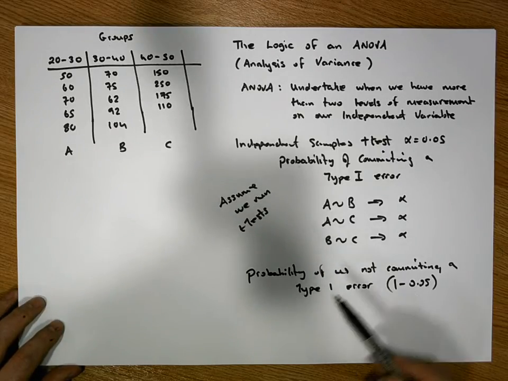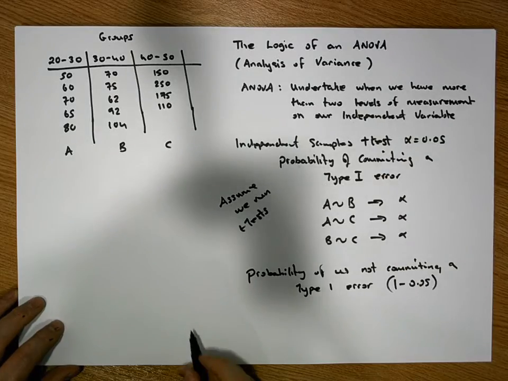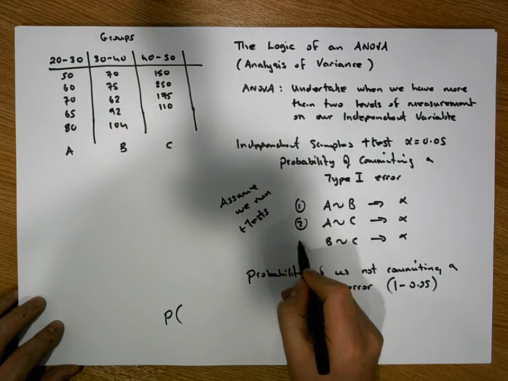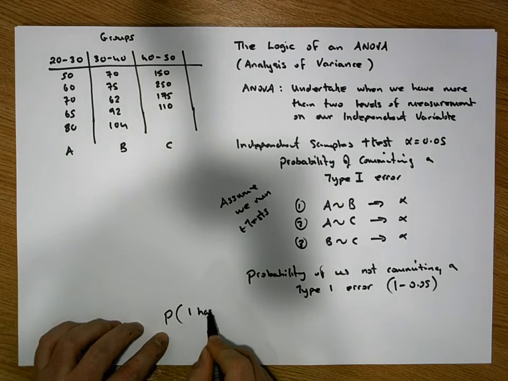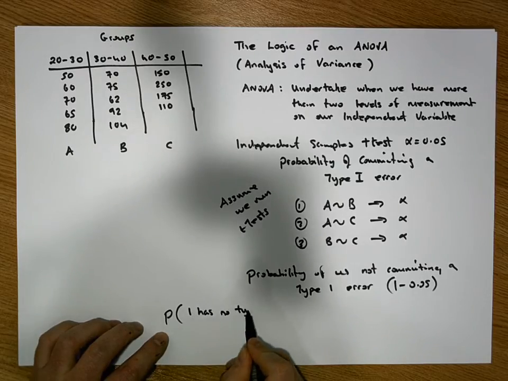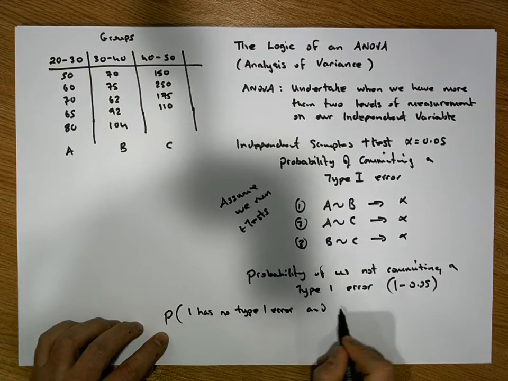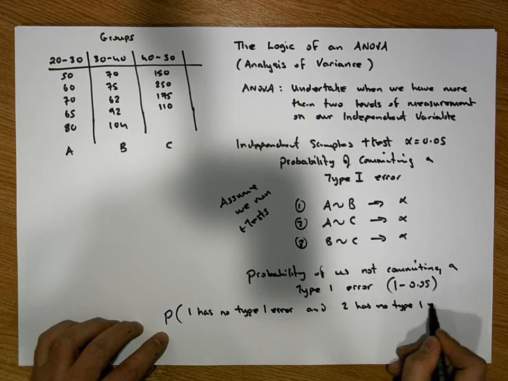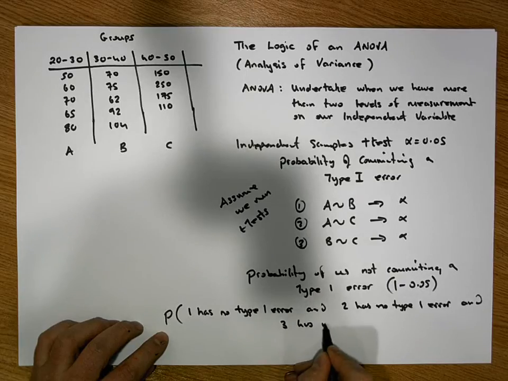Okay, so the probability of us not committing a type 1 error across the 3 tests would be the probability that test 1 has no type 1 error, and test 2 has no type 1 error, and test 3 has no type 1 error, that is, that we don't commit a type 1 error.